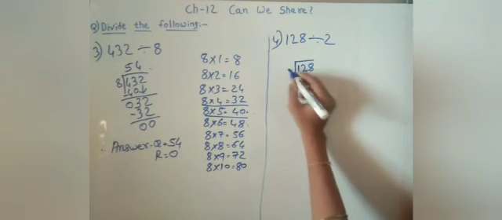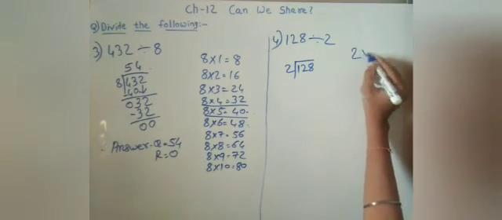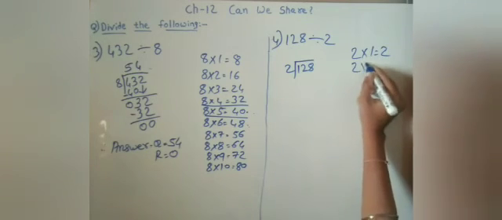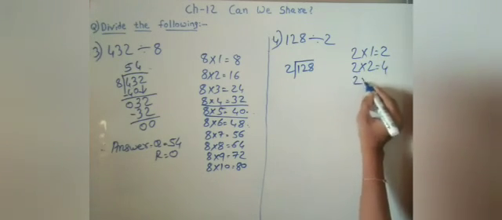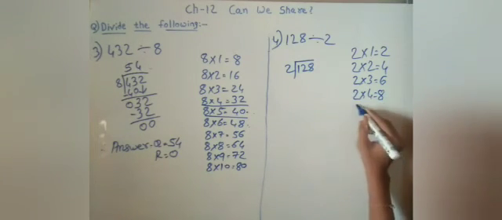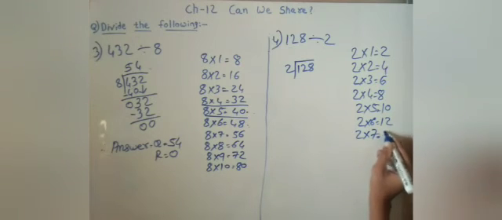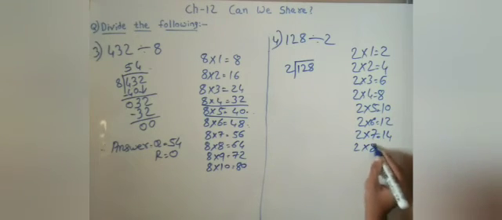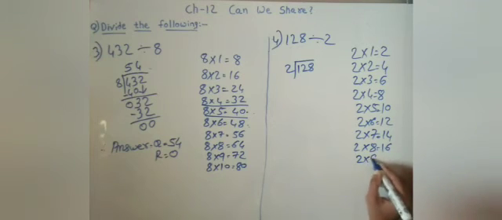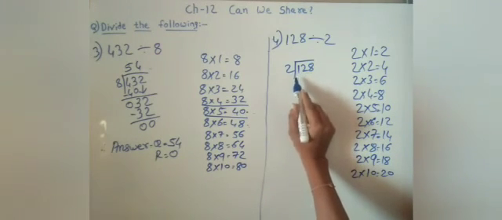Our first step is to write the 2 table. 2 ones are 2, 2 twos are 4, 2 threes are 6, 2 fours are 8, 2 fives are 10, 2 sixes are 12, 2 sevens are 14, 2 eights are 16, 2 nines are 18, 2 tens are 20.